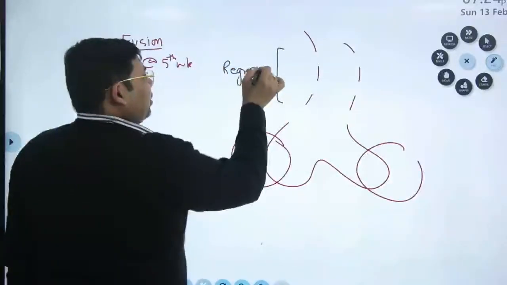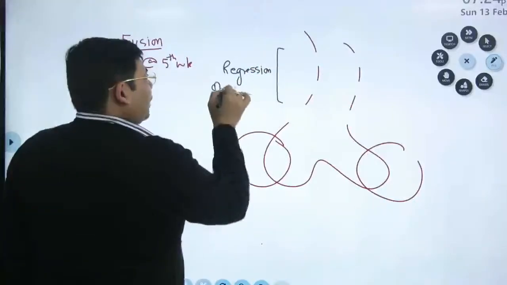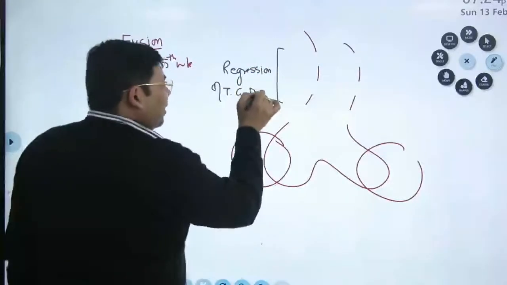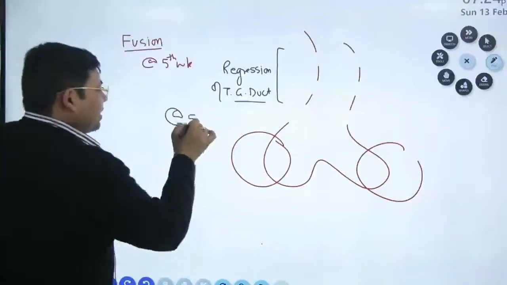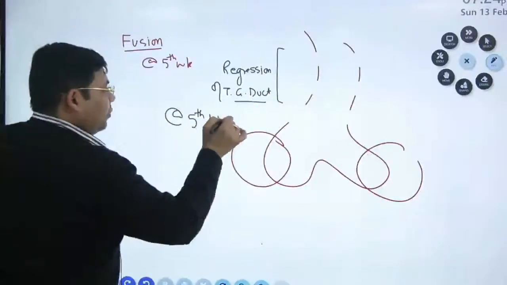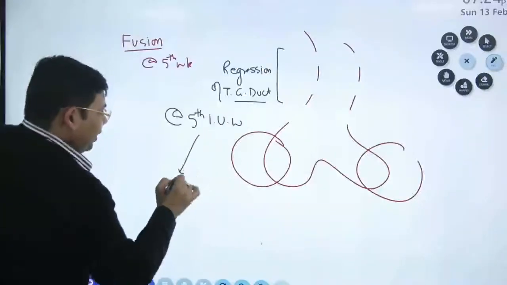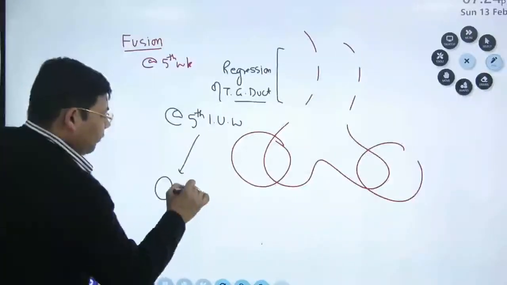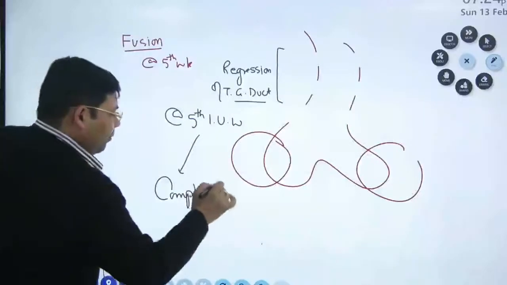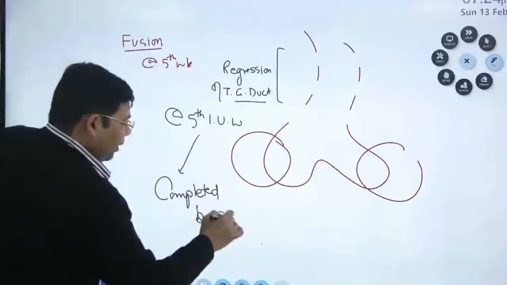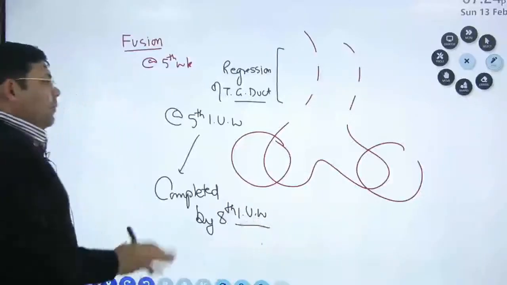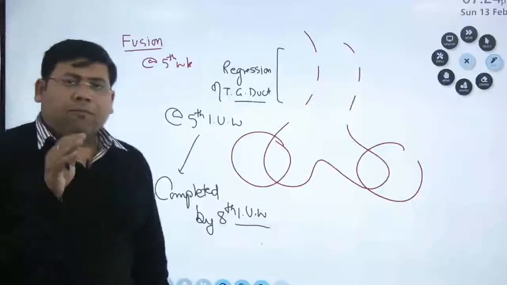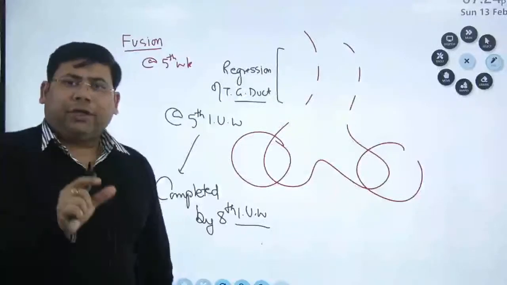So regression of the thyroglossal duct starts just after the fusion, and therefore it starts at the 5th intrauterine week and is completed by the 8th intrauterine week. This is very important. Always remember, in the body there is also a last date of submission.